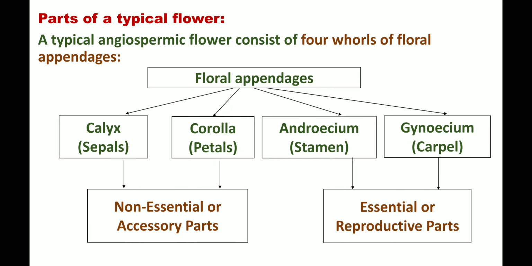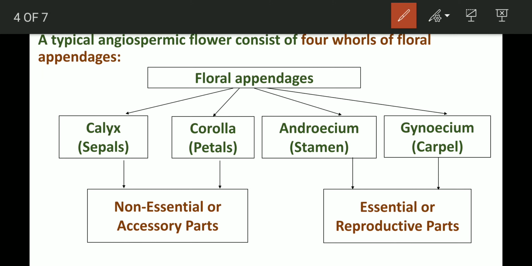Now come to this flow chart, and by this flow chart I am going to explain the parts of a typical flower. I told you the flowering plants are called angiosperms. Only angiosperms are the plants which bear flowers. So a typical angiospermic flower consists of 4 whorls. 4 whorls means 4 circles.